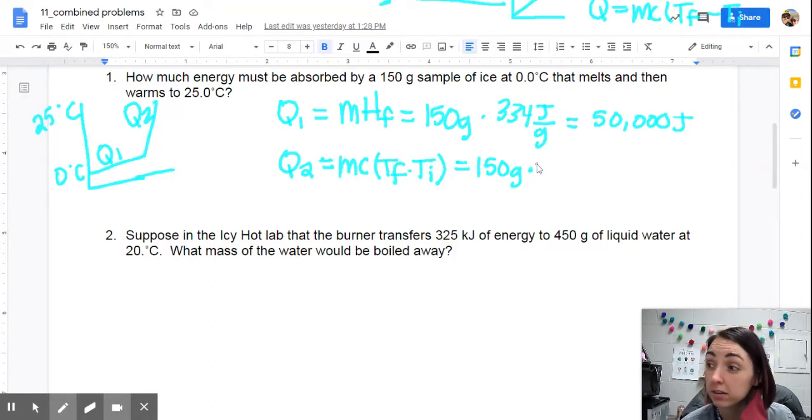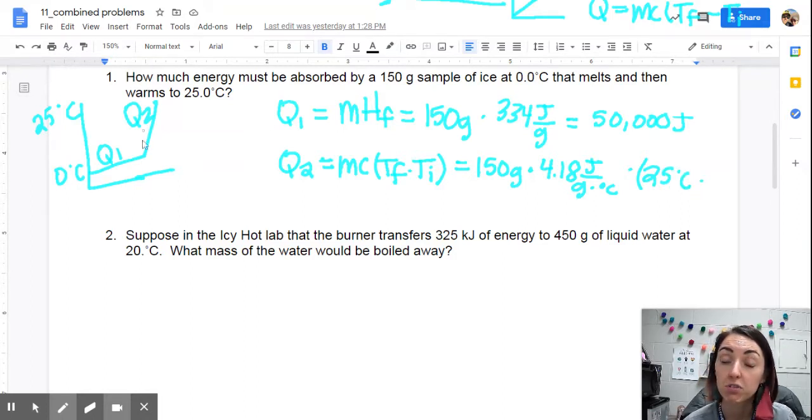It's liquid water, so we use 4.18 as our C. And then final temperature, I like to look at my graph for this. It ends at 25 degrees Celsius. And that slope, just this region, started at 0 degrees Celsius. So I put that in my calculator, I round it to 2 sig figs, and I get 16,000 joules.